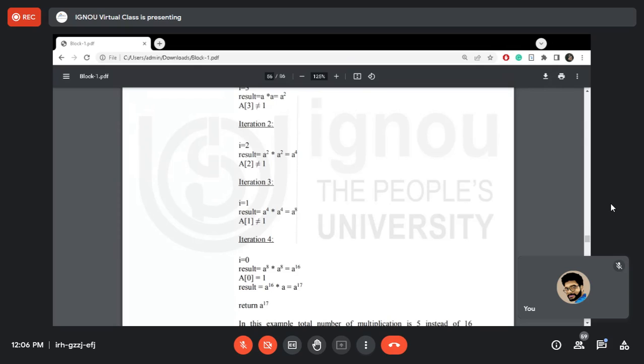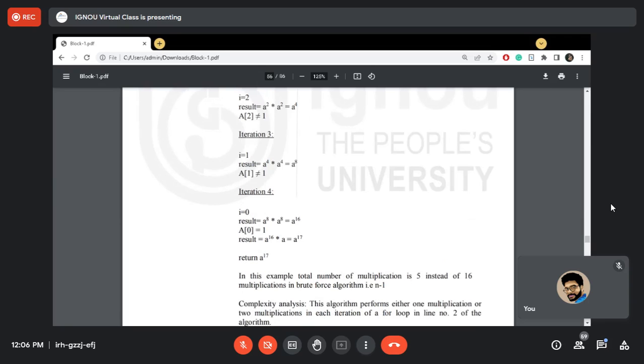But I think it is 5. Yes, 5, because first we multiply A into A, then A square into A square, then A4 into A4, and then A to the power 8 into A to the power 8, giving 16. In the last step, to calculate A to the power 17, we again multiply a single A value. So in this example, the total number of multiplications is 5 instead of 16.